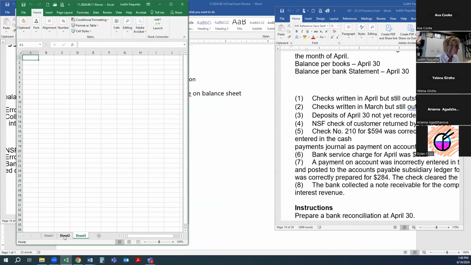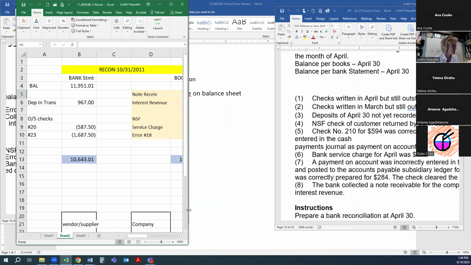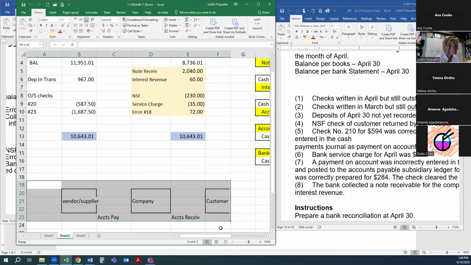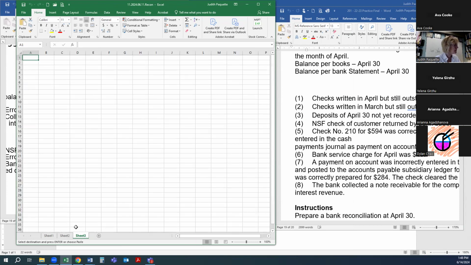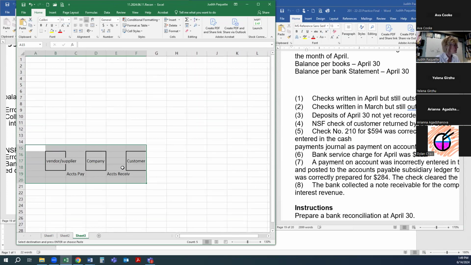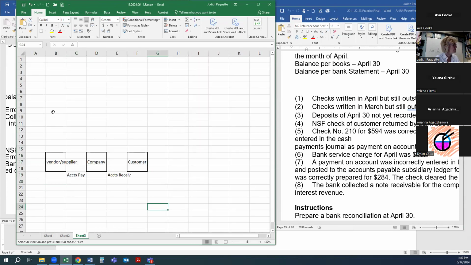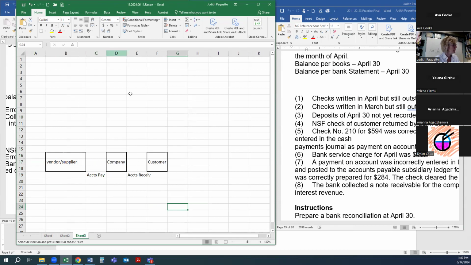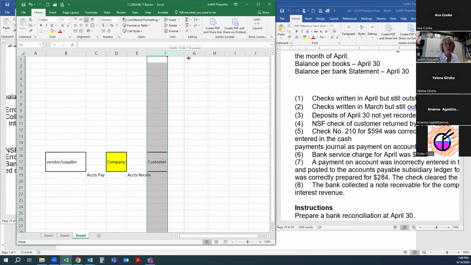Something I really need you guys to embrace is, and I'm going to put this here. I know I talked about it a little excessively, but it's really important that you get this. You have vendors and suppliers. You have the company, and the company is the one we're doing the books for. And then you have customers. In these bank recon questions, you are going to have the word check used in reference to suppliers, and checks used in reference to customers paying us.